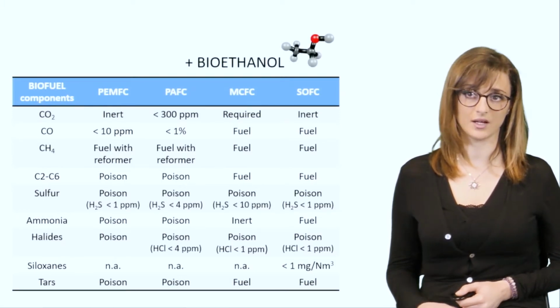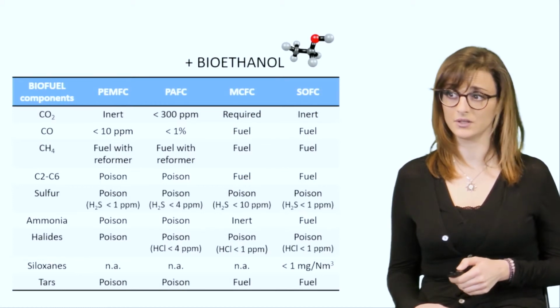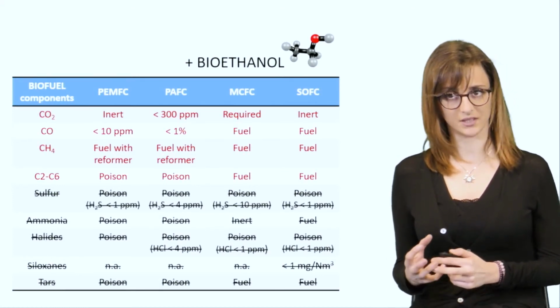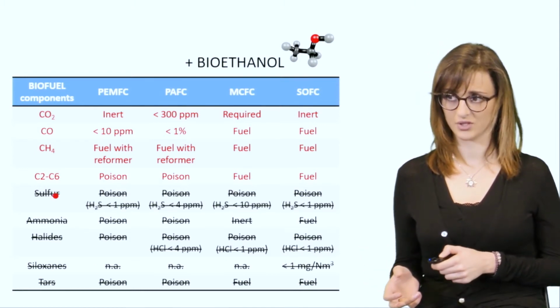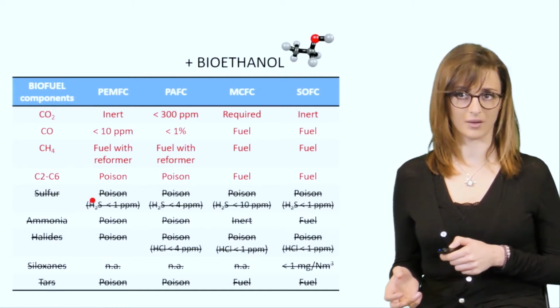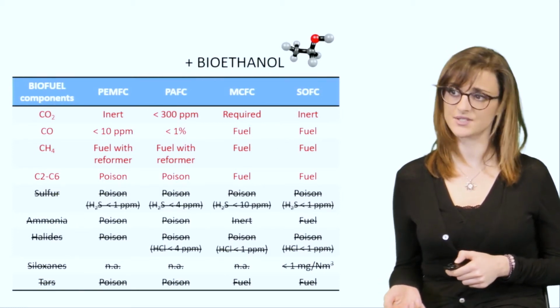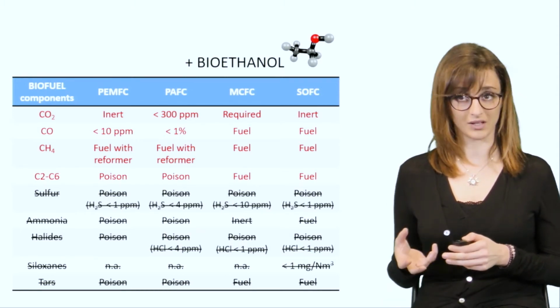So the last biofuel that we are analyzing is bioethanol. Bioethanol is something easier to address when it comes to the chemical composition, because we do not have all the problems related to sulfur, halides, siloxane, and tars, but it's a more complex molecule.